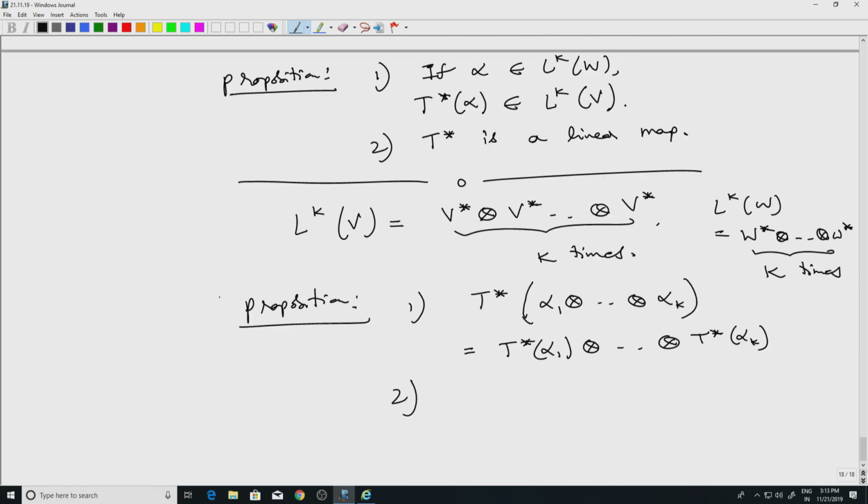And moreover, equally important is this composition law for T star.